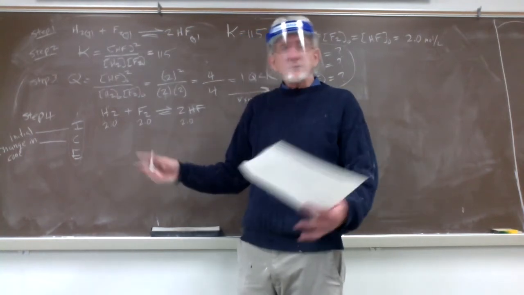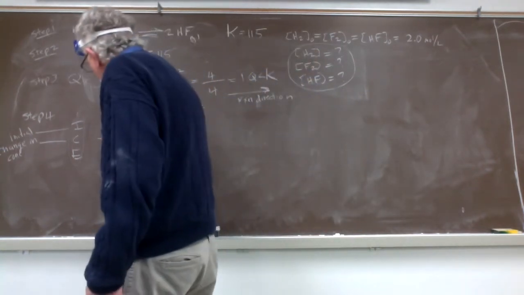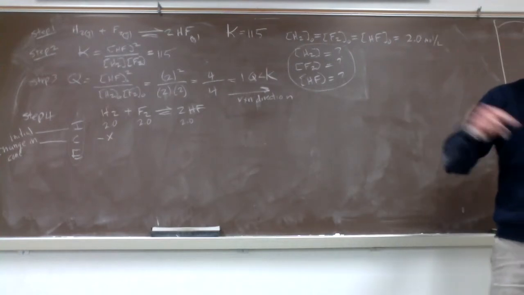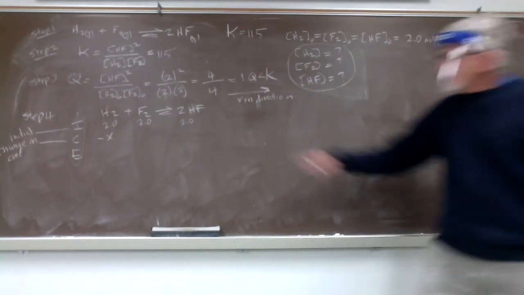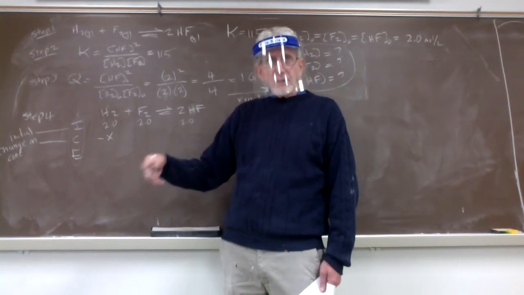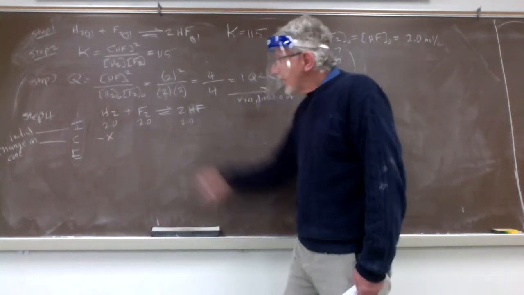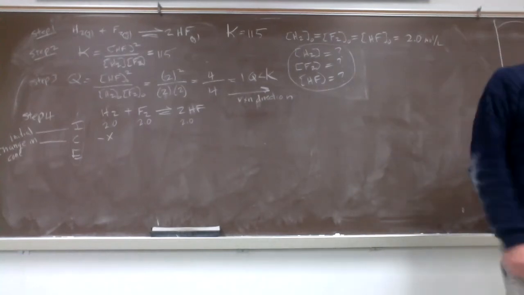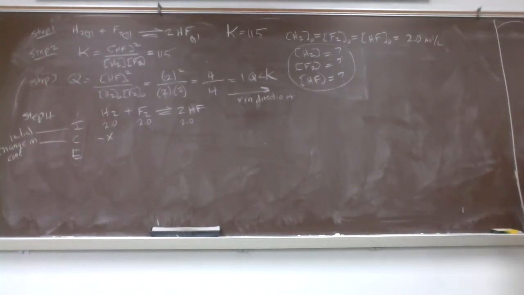So how much? We say negative X moles per liter of hydrogen will be consumed in order to get to equilibrium. The minus is indicating that that component is getting used up, being consumed as the reaction proceeds, and X is the number of moles per liter that do get consumed. We don't know what it is yet.